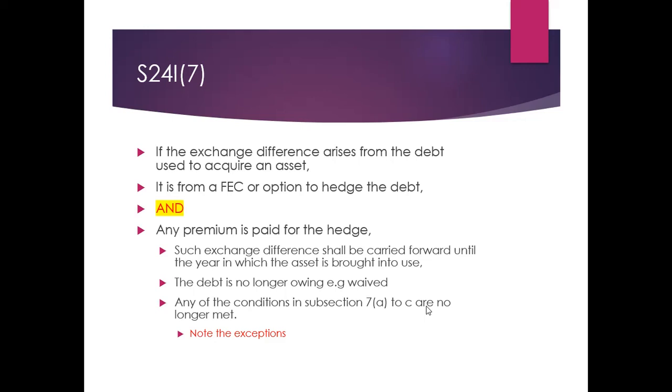And it is from a foreign exchange contract or an option. That debt that you take should be hedged, or that item that you bought, you should hedge that transaction before you pay it, for subsection 7 to apply. Then there is an "and" that I need to check.